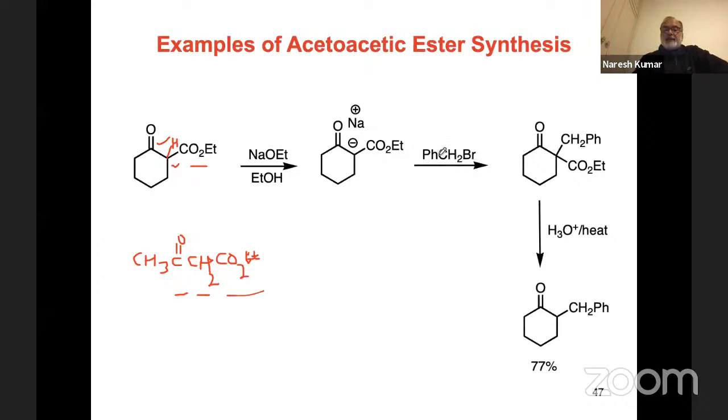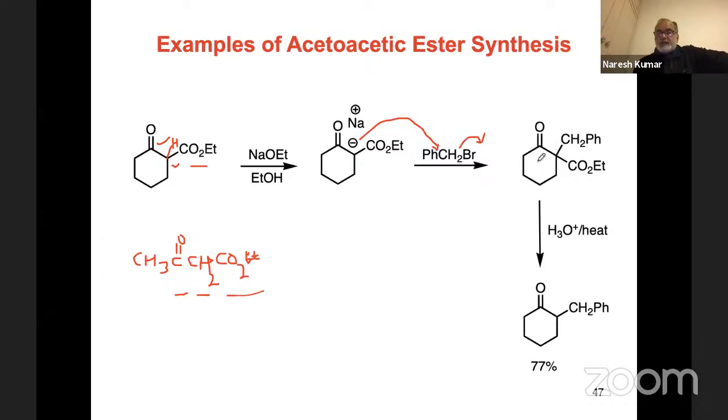It doesn't matter what is attached to this CH2 group. The reaction is going to be the same. So the anion here is going to attack that CH2 over there, and it's going to kick out that Br to give you a substituted compound.